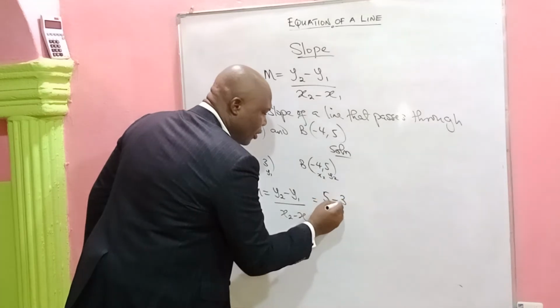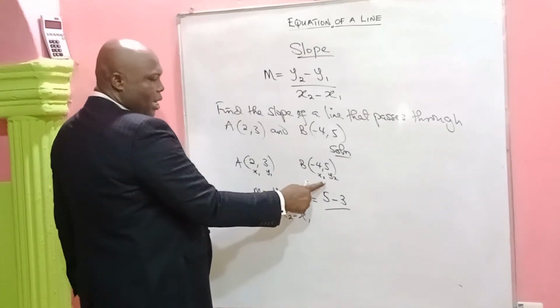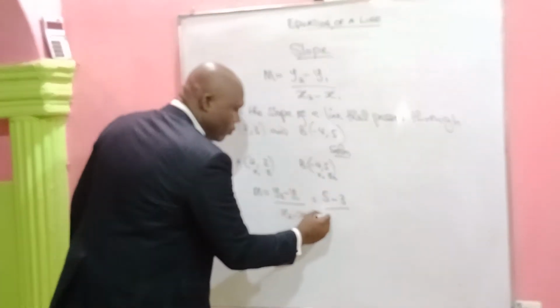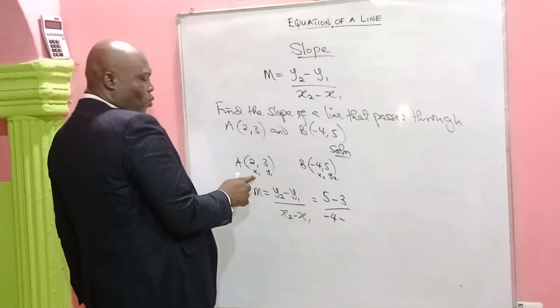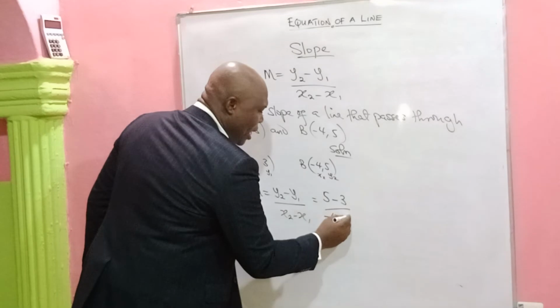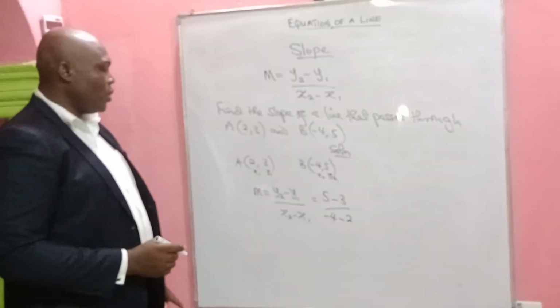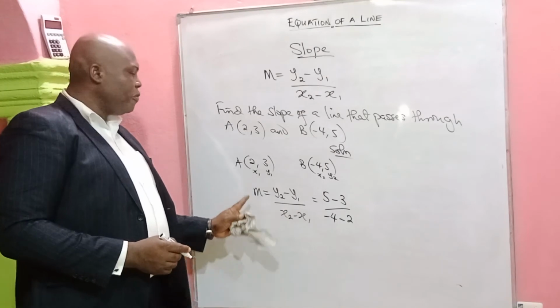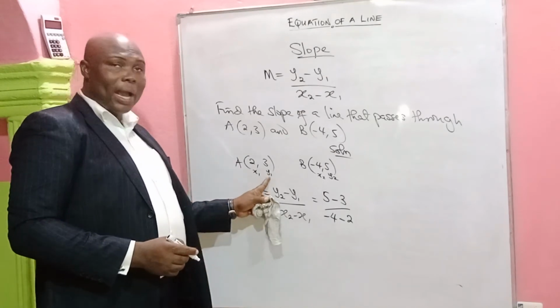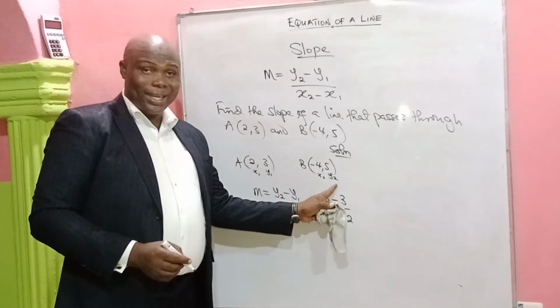All over x2. x2 is minus 4 minus x1. x1 is 2. So we have been able to substitute the values into y2 minus y1 all over x2 minus x1. Don't forget, the first point is always x1, y1, and the second point is x2, y2.